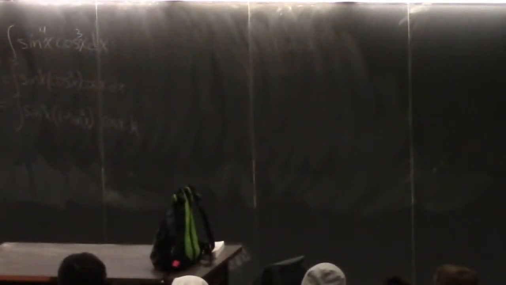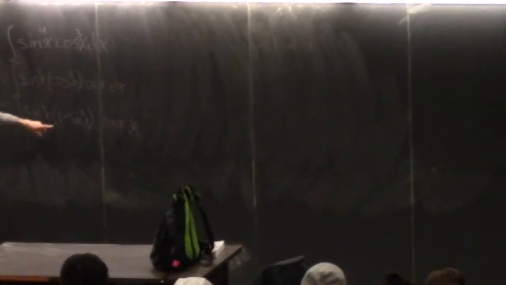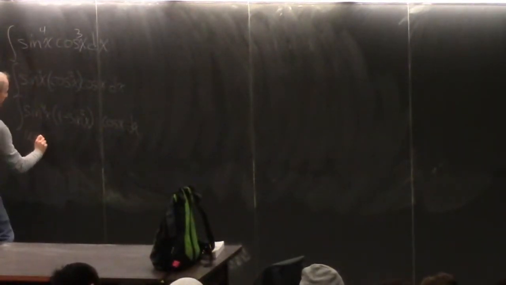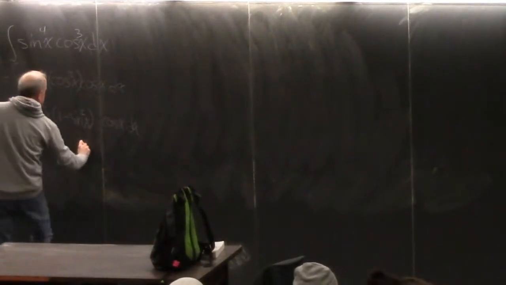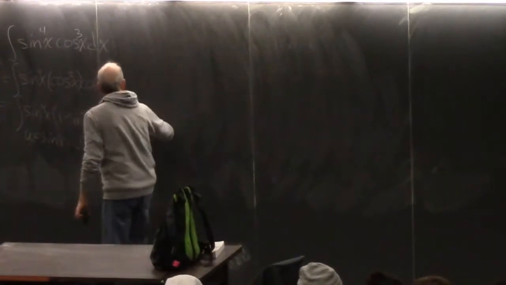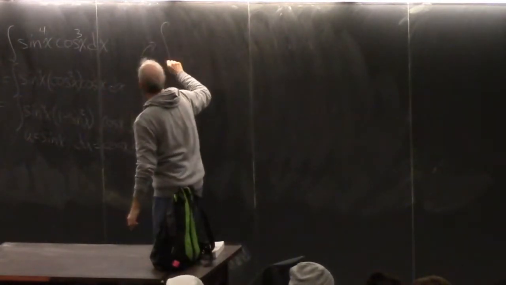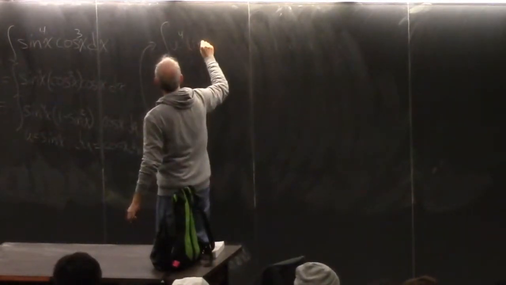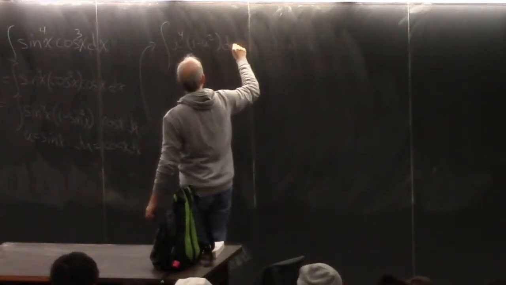How do I know u is going to be sine and not cosine? Well, if u is cosine, then du has to be all of this, which is not going to happen. Okay? But if I let u be sine x, then du is cosine x dx, and this integral is now u to the fourth times 1 minus u squared du.